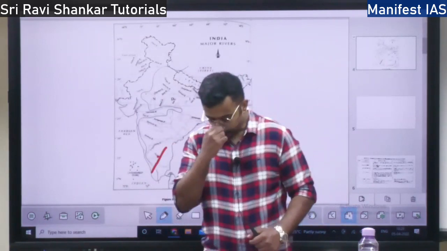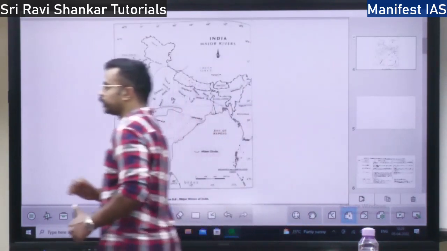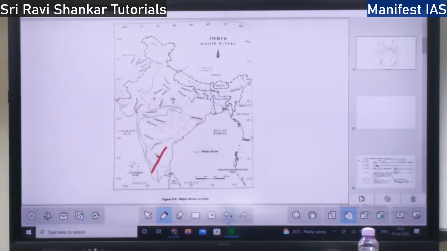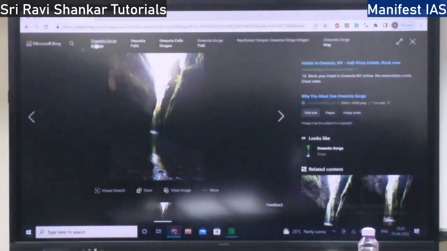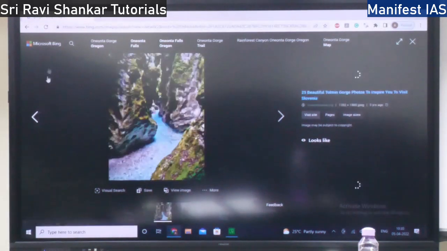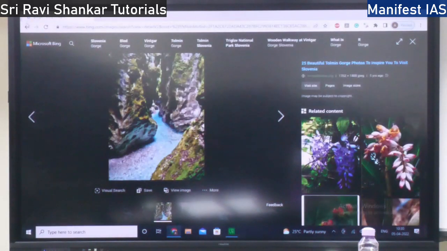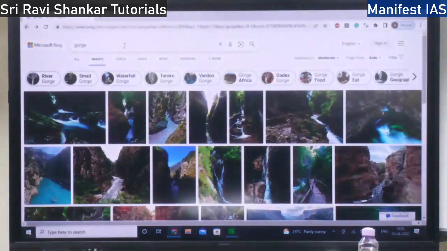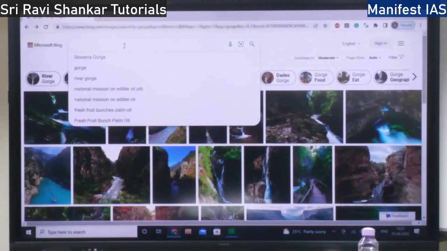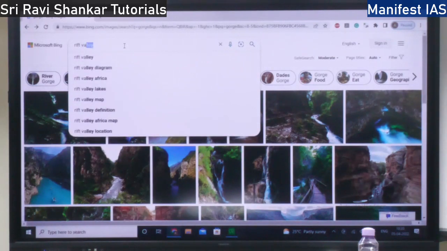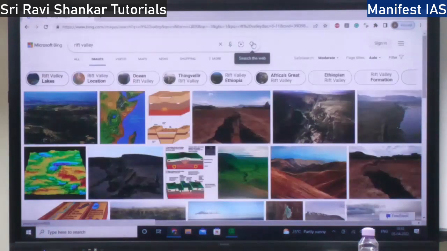So I'll show you what a Rift Valley is, because if I just say Rift Valley, it is hard to picture. See, this is a Rift Valley.